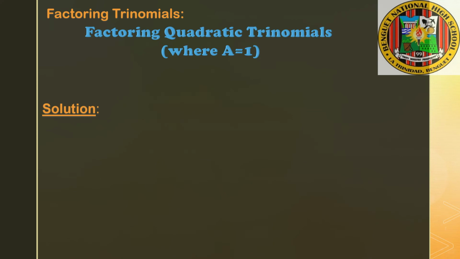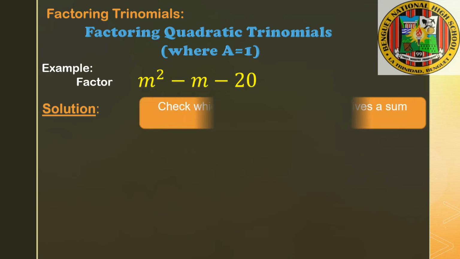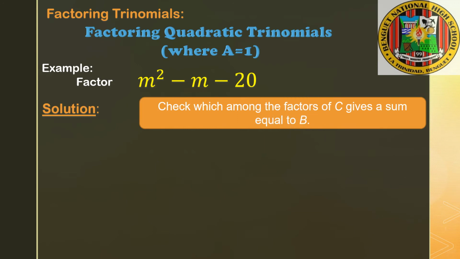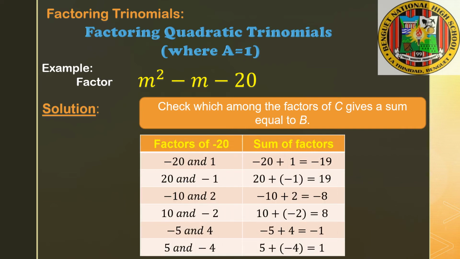Let's practice some more. Factor m squared minus m minus 20. First, we check which factors of c will give a sum of b. For this step, it is helpful if we make a table to guide us in choosing the factors. It's useful especially when we have a value with a lot of factors. Study this table.